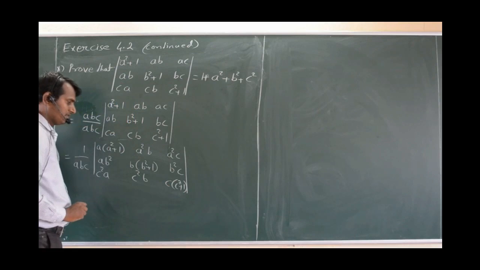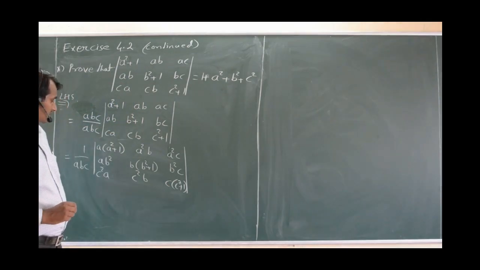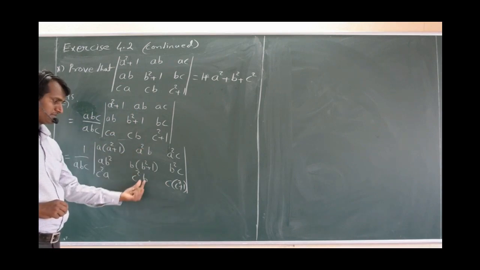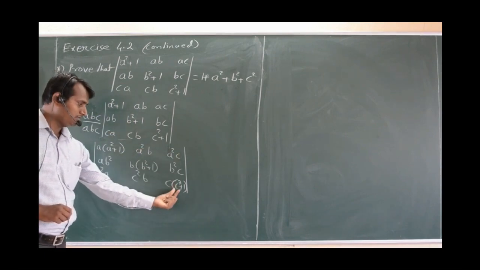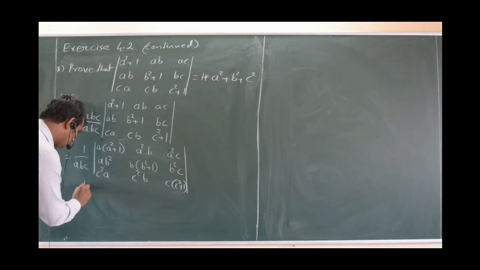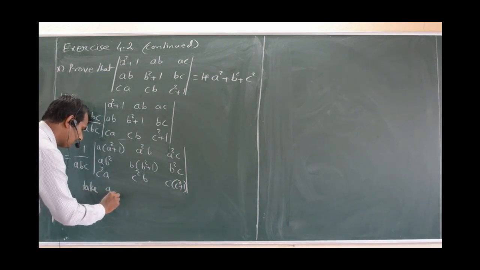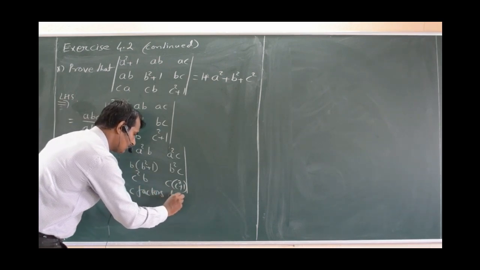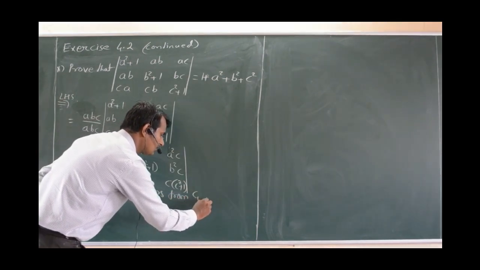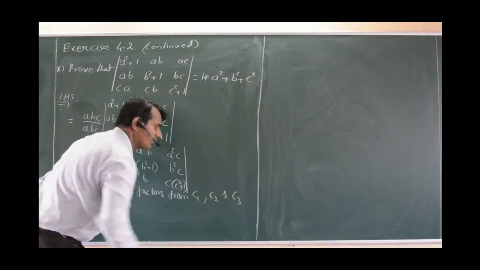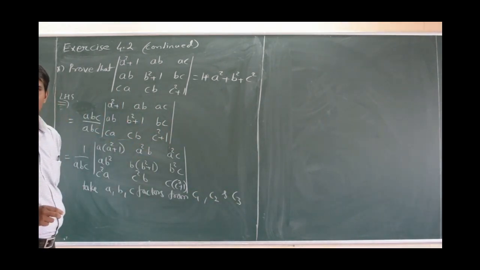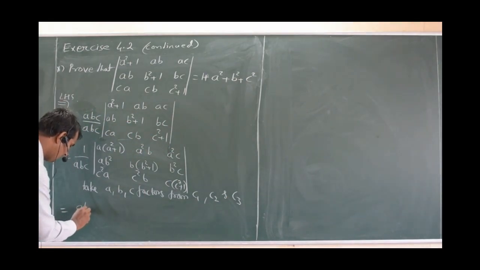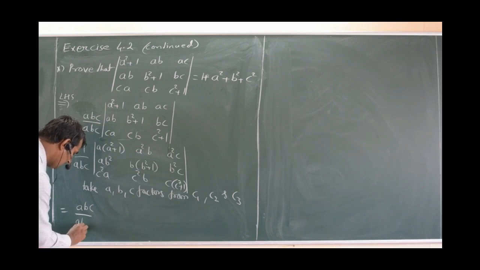Now what I will do here is take a common from C1, b common from C2, and c common from C3. Take the factors a, b, c from C1, C2 and C3. Dear students, what we get now is abc divided by abc.